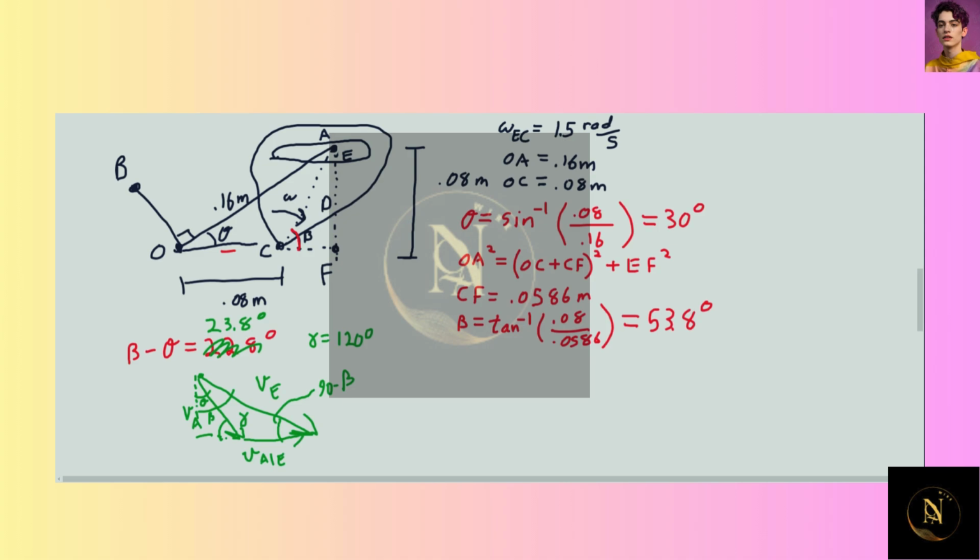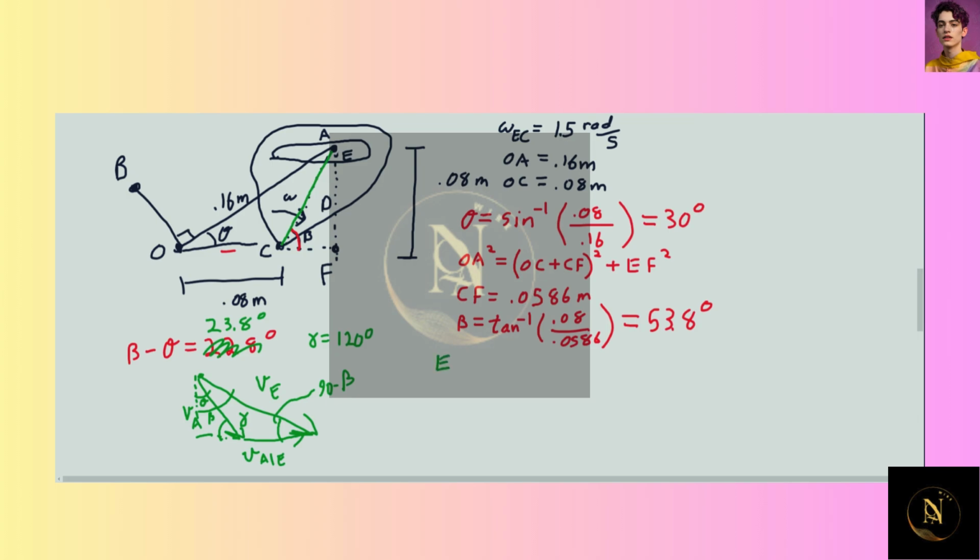So one other thing I haven't found yet is the length EC. And EC is just this length right here. So we can find that by just looking at the sine of that angle beta and comparing it to the height.